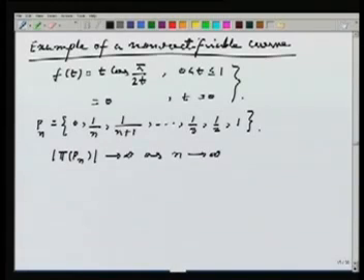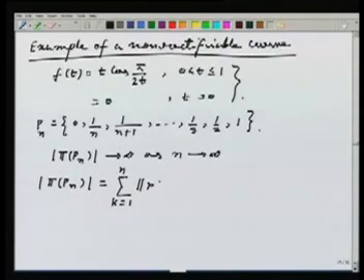To check this, the length of Pn is the summation, k from 1 to n, of the norm of r(t_k) minus r(t_{k-1}).